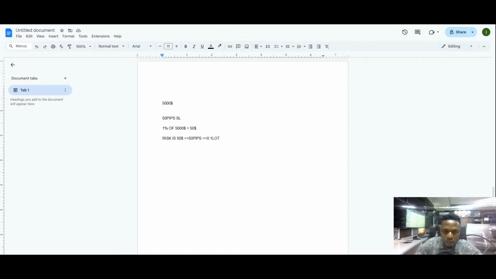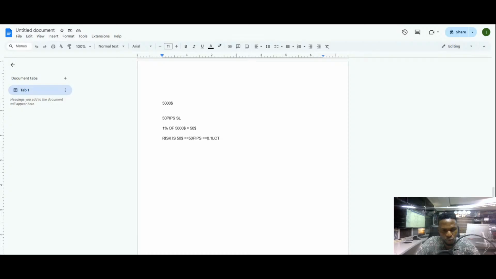That means our lot size will be 0.1. Since we are risking 1% of our account, our lot size will be 0.1. So you can use this as a standard to do other calculations.